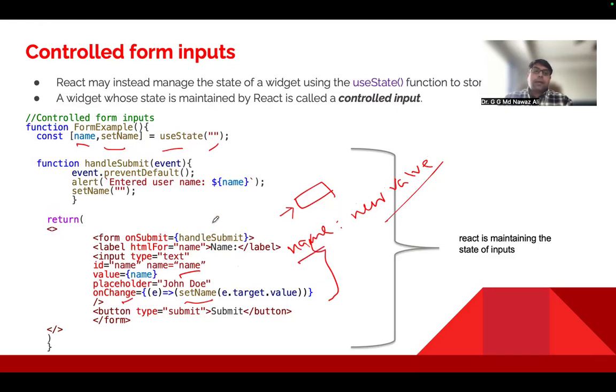Then when you submit the form, you can call handleSubmit, and handleSubmit will do the things. One other thing, which relates to user accessibility, is that after you handle the form, which is basically doing the alert, you set name to an empty string.